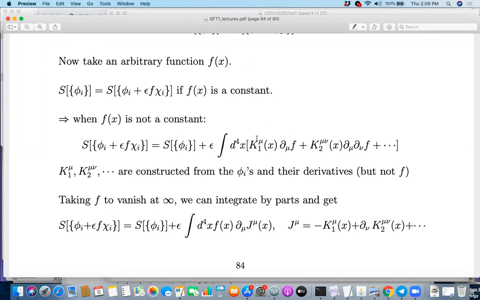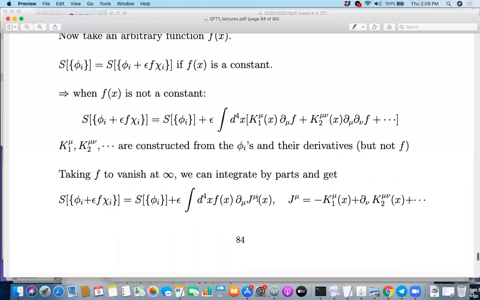So then we can integrate by parts. All the derivatives we integrate by parts and put it on the k1 and then k2 mu nu and so on. So by doing that, okay, we get a general structure of this form. So what is j mu? Okay, so suppose you integrate by parts. You get minus del mu of k1 mu. Right? So j mu will have a term that is minus k1 mu.